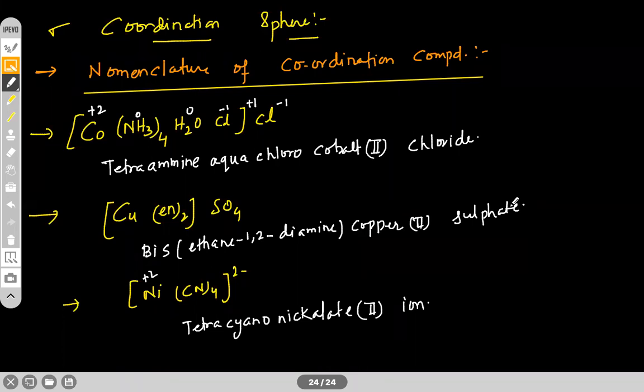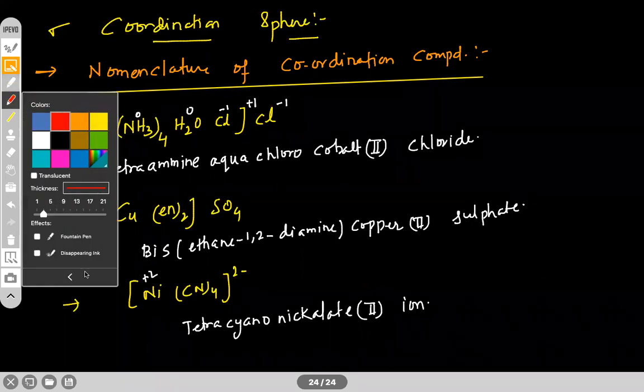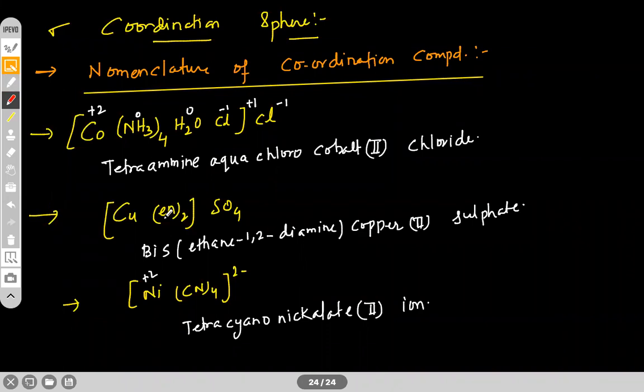Did you understand this? One more point that you have to take care of here, that when it is amine, meaning monodentate ligand, then we are using double M here. But when it is a polydentate ligand, then we're using single M here.